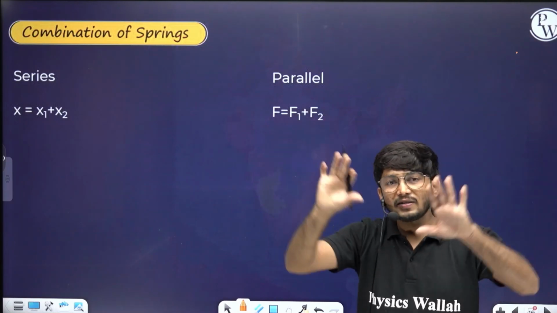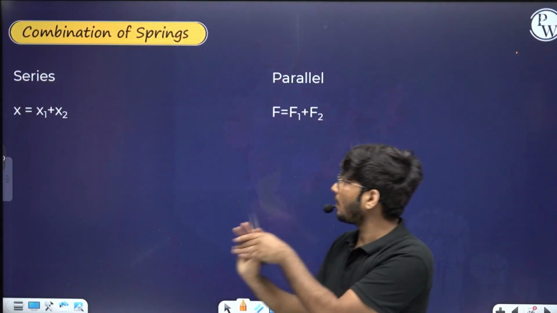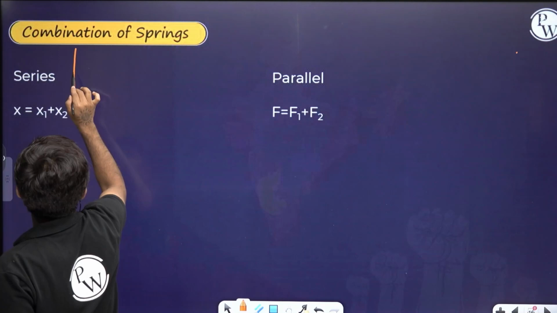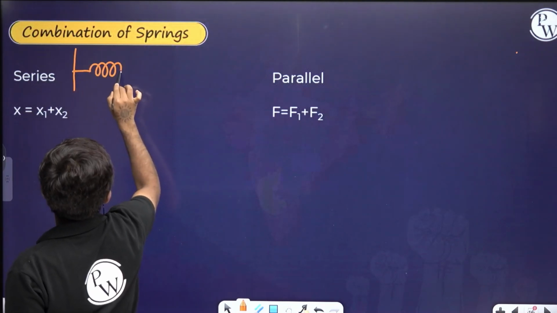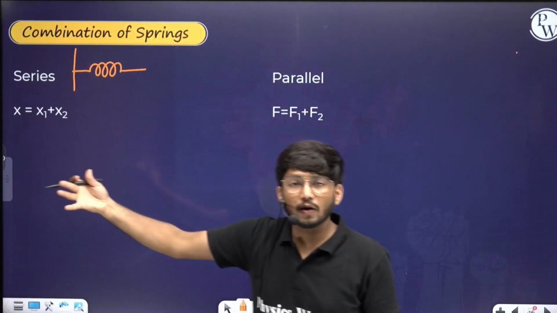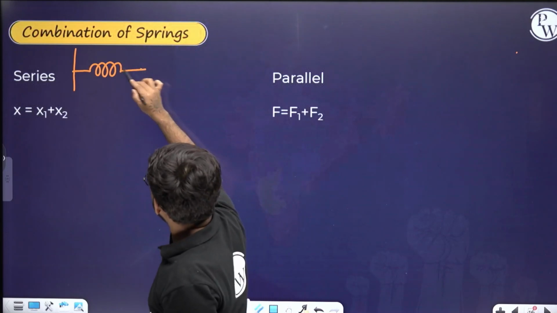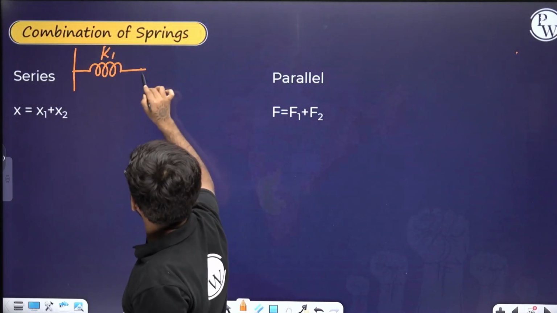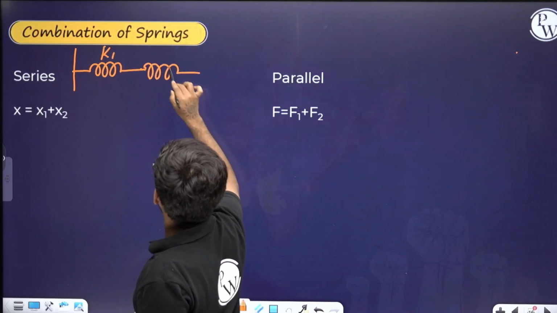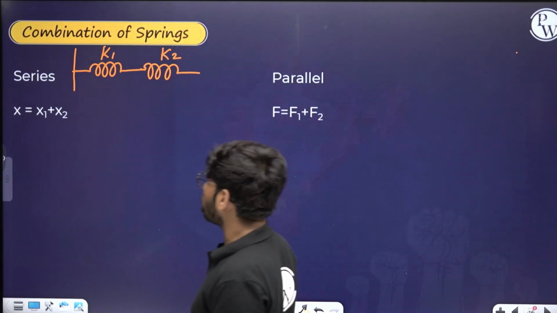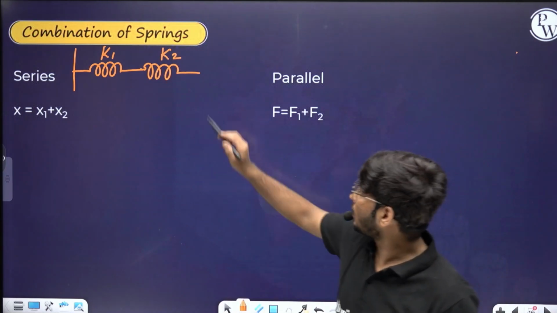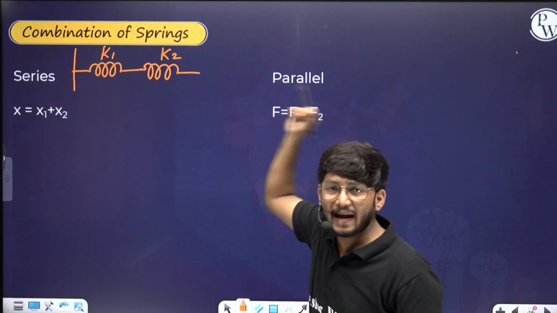So our springs I am connecting in a certain fashion. First time I am connecting in series. Series means one next to another. So you have spring 1 of spring constant k1 connected to spring 2 of spring constant k2. In this case I am expanding this.